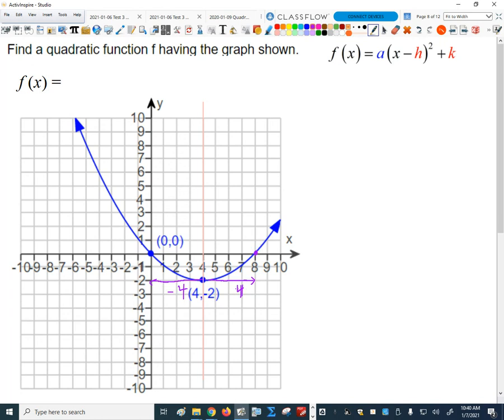That's okay. Normally, if I move 4 away from the vertex on our parent graph, how far would I have to go up? What do you think? How far would I have to go up, Adelaide, if I go over 4 on a regular parabola from the vertex? Questions for Adelaide.